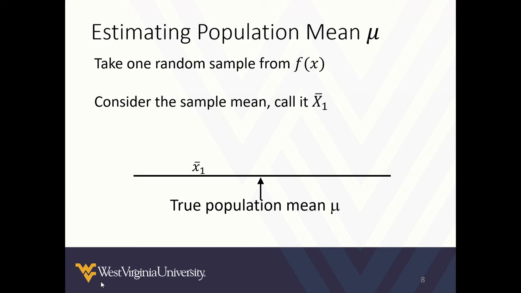Notice that on this horizontal line, I have an arrow pointing to the center, and we're going to have that center spot be where the true population mean mu actually lies. And so we can see that our x1 bar is actually a little bit to the left. So it's not exactly at the population mean mu.